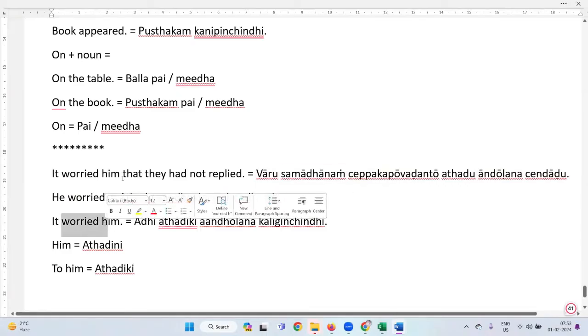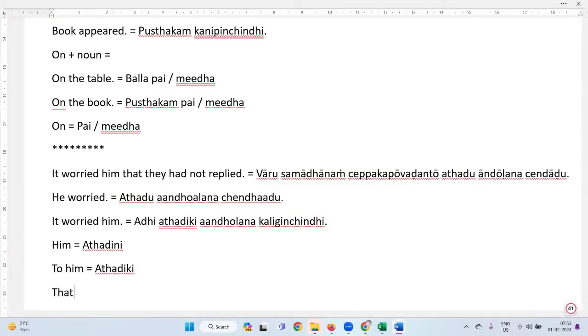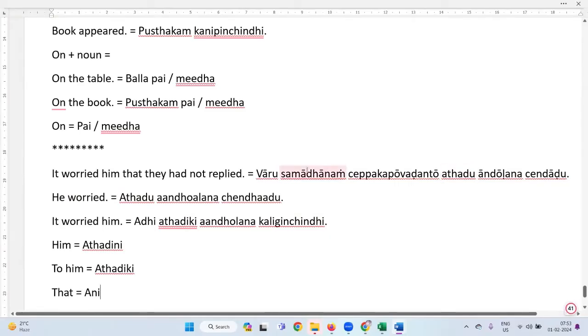Now, I'm not making the same color because the meaning is not matching, but I explained here what is the difference. That means ani. Whenever we have that means ani, but ani it is not there, but it's okay. They have not replied.